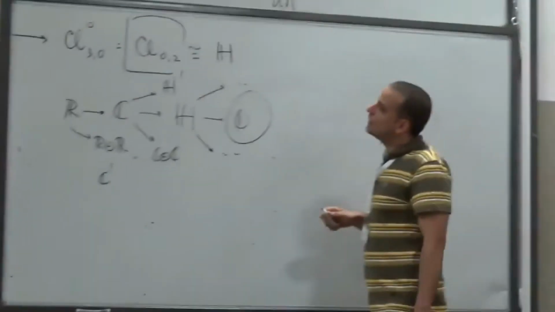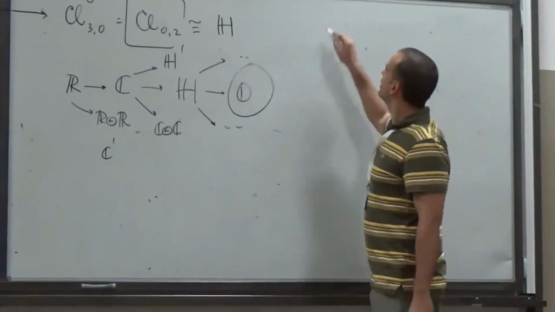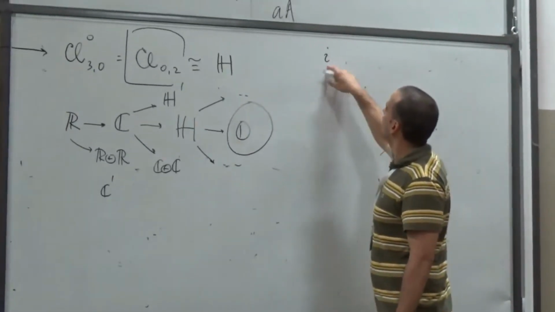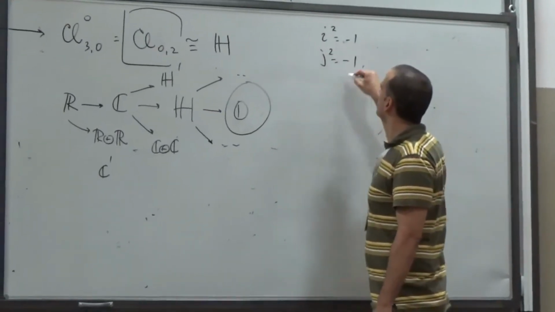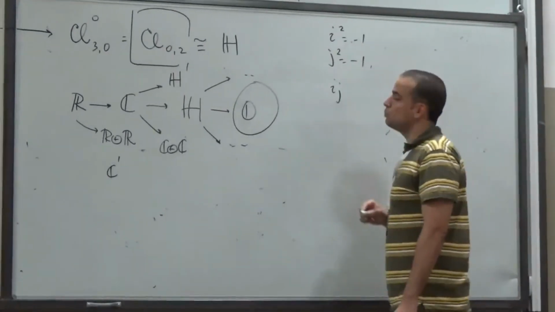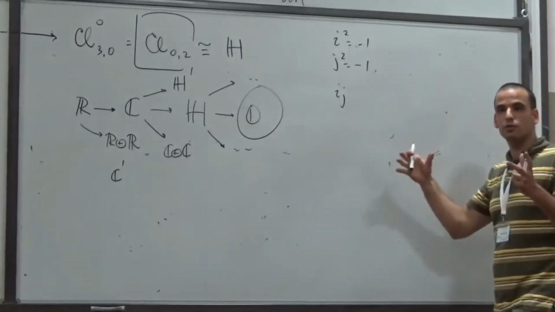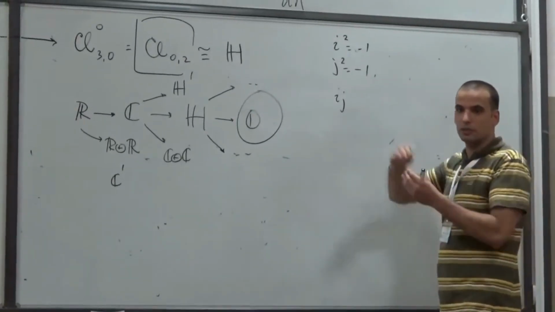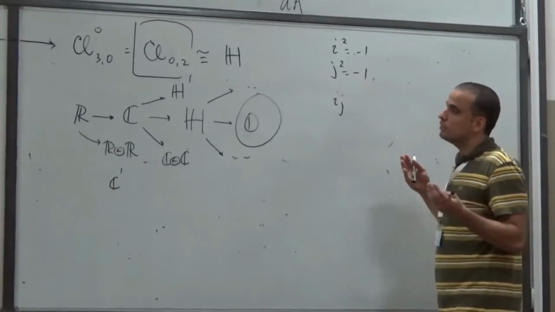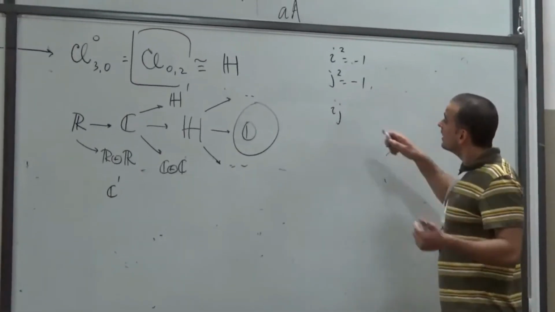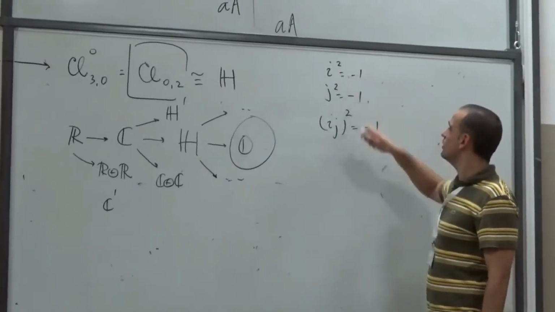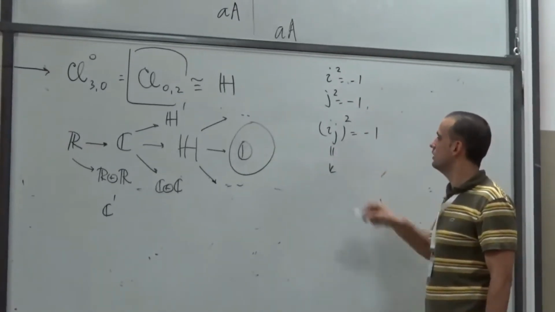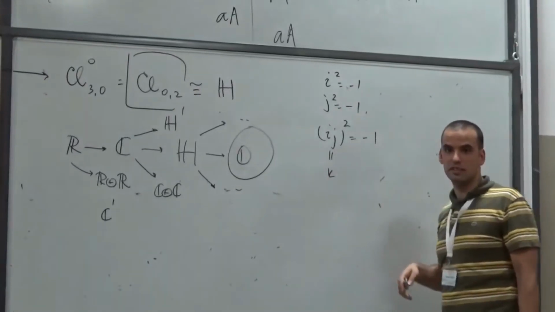And if you start from here, you have two vectors, i which squares to minus 1, of course, j which squares to minus 1, and this is a pseudoscalar. This is the volume form, a two-vector because you have two-dimensional space. And it's not difficult to see that it also squares to minus 1. We call this k, okay? Because it's just the next letter.